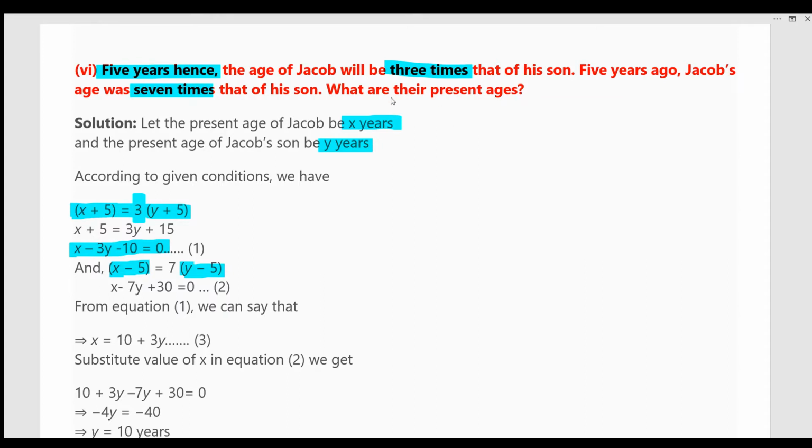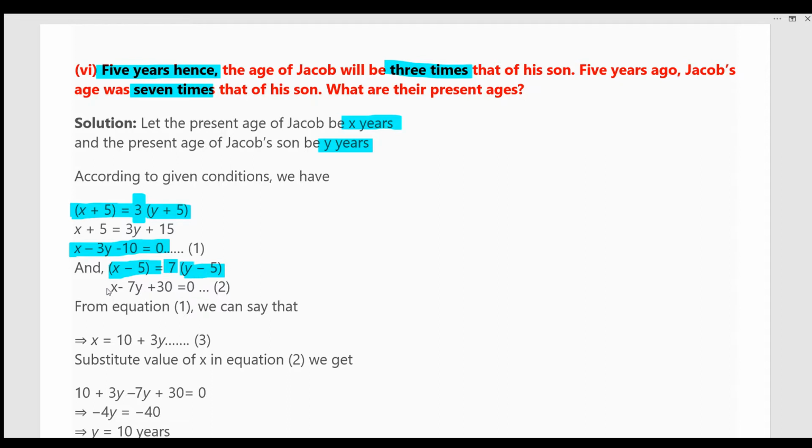Now according to this condition, Jacob's age was 7 times that of his son. So the equation is x minus 5 is equal to 7 times (y minus 5). Let us simplify this.